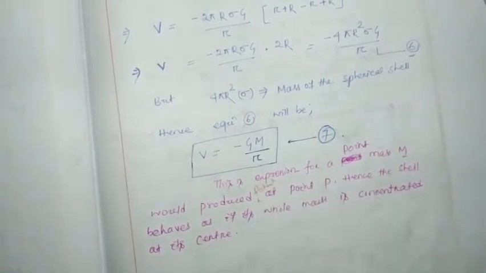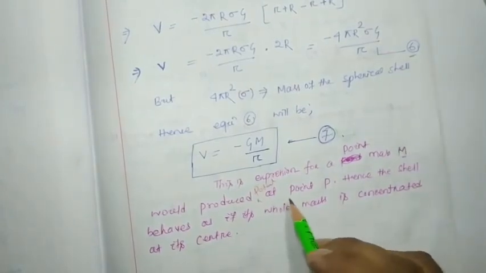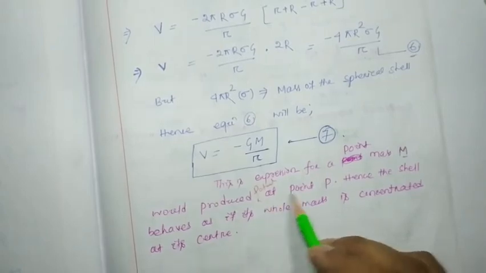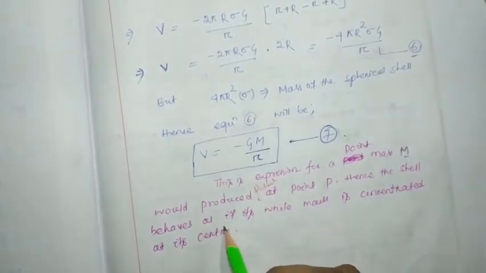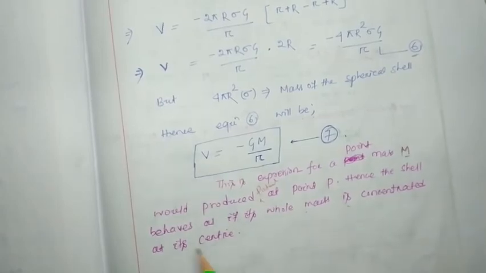Potential at point P. Here point mass means capital M. Hence the shell behaves as if its whole mass is concentrated at its center.